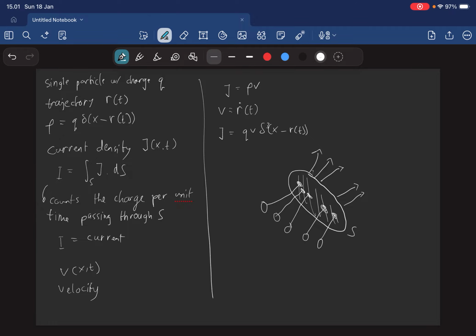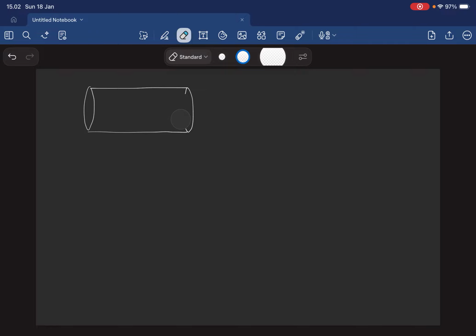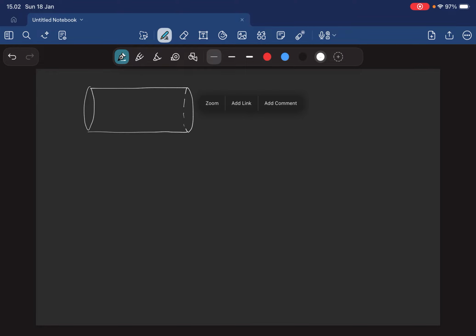As a simple example, consider electrons moving along a wire. We model the wire as a long cylinder of cross-sectional area A, as shown like this. This is area A, this is an electron, this is the wire.